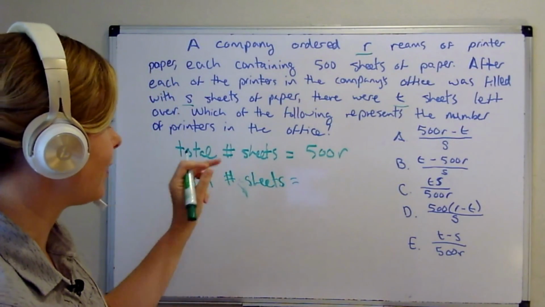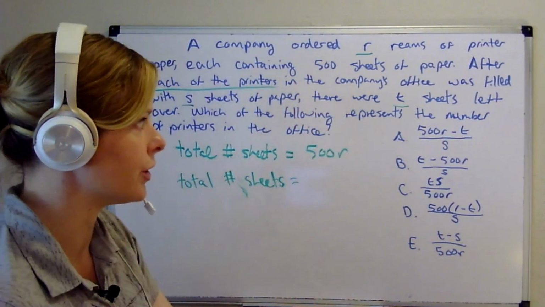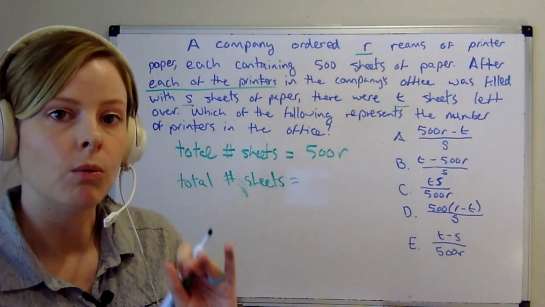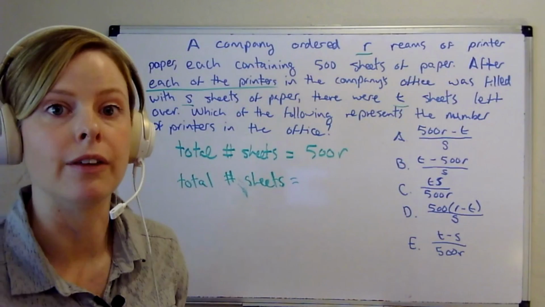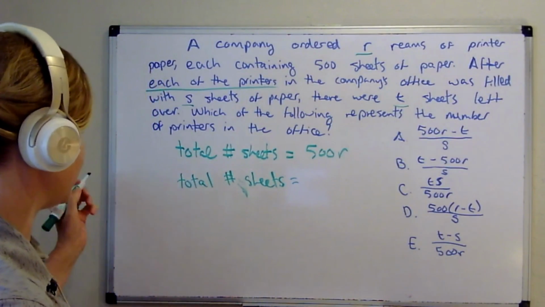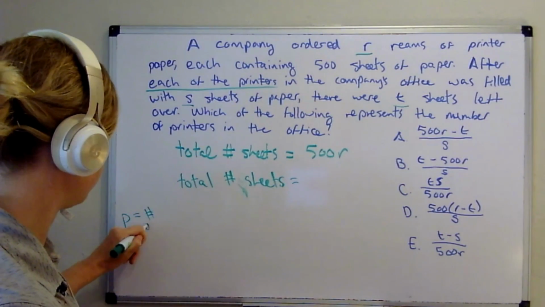Now, we've got this other thing involved here: each of the printers in the company's office. To make this algebra super clean, what I think is best is to define another variable so that we can talk about that number of printers. I'm just going to make it as easy as possible and say that P is my number of printers.